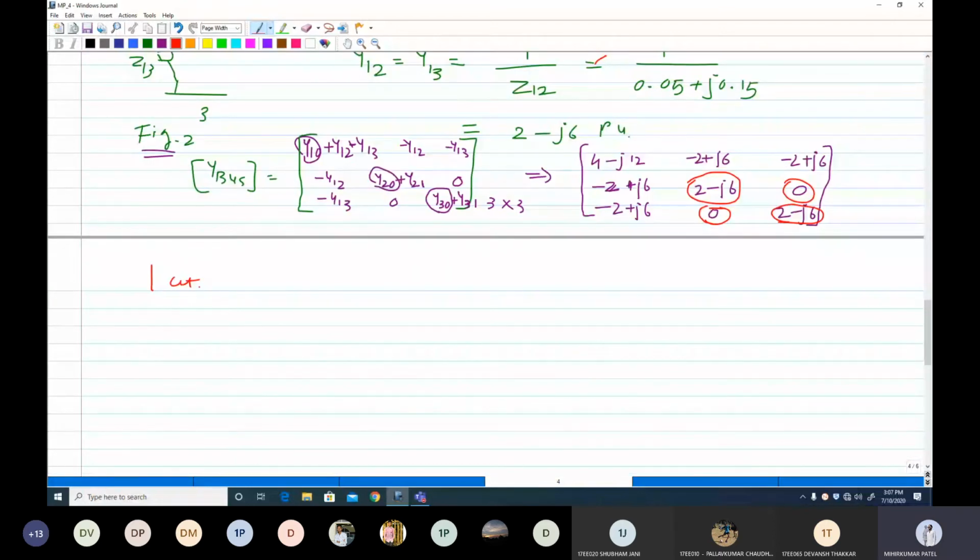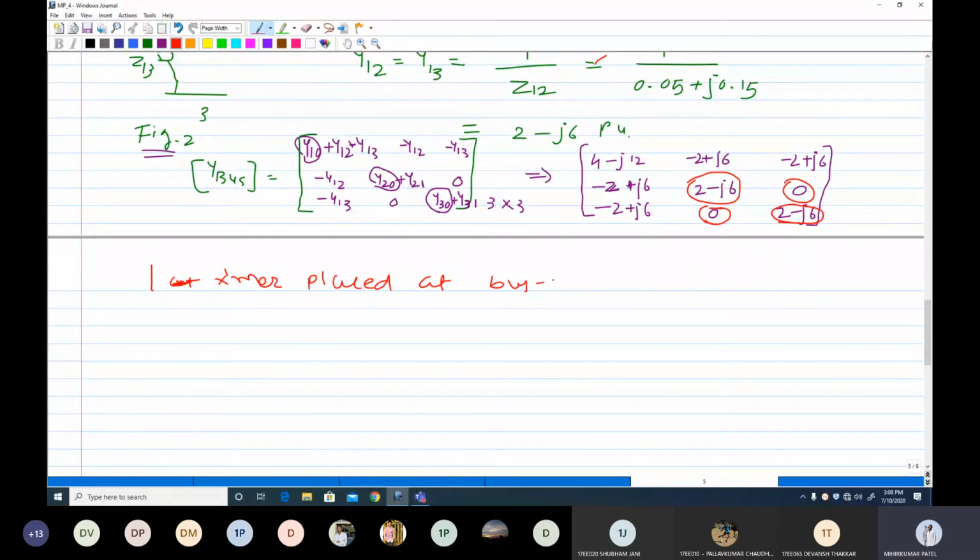Write down here the transformer is placed at bus number, which bus?